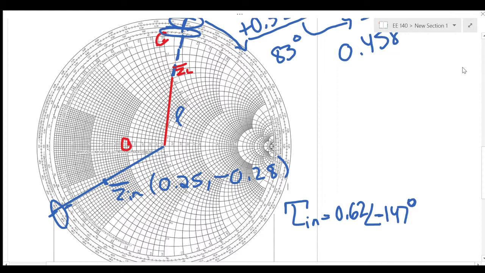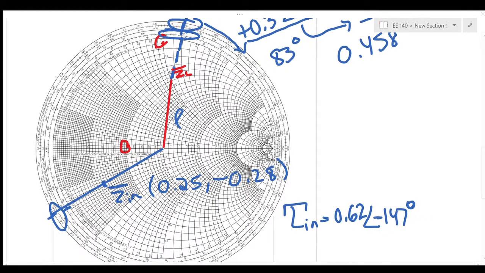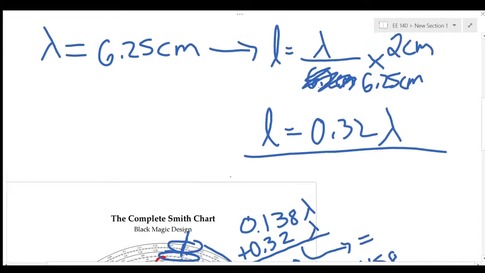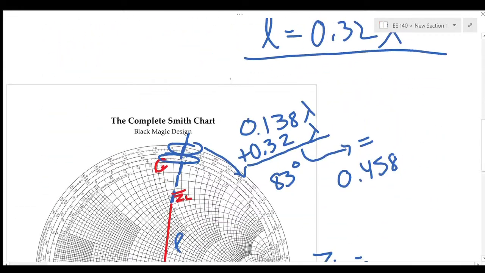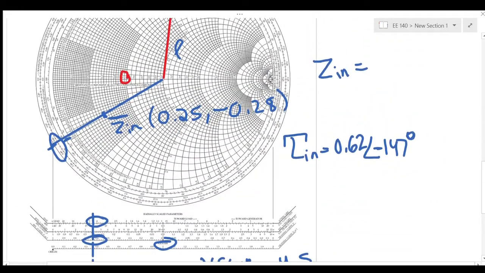So since it's normalized, to get Zn unnormalized, we just multiply by 75, I believe, right? Could we divide by 75? Yeah. So multiply that by 75. So 0.25 multiplied by 75, that's 18.75 for the real part.